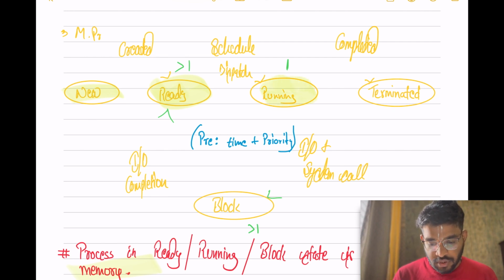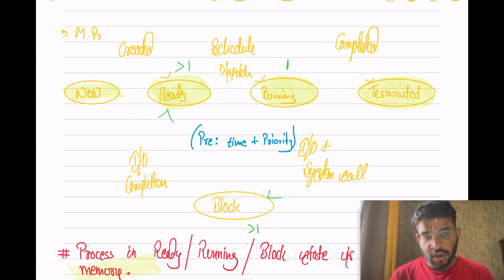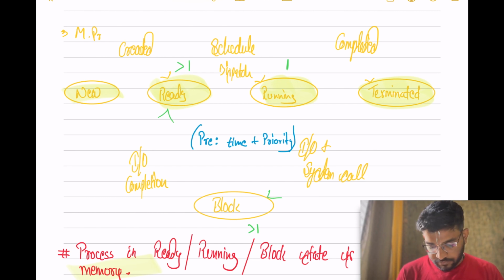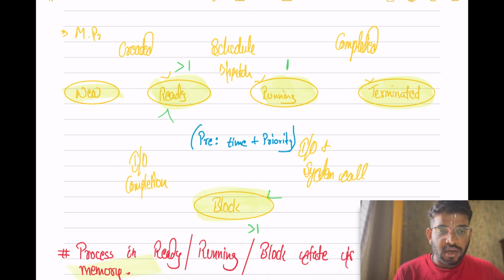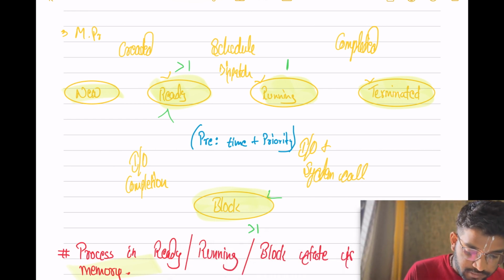A process whose execution is completed is defined by the terminated state. Block state is the same, used when a process needs an IO operation or makes a system call. So let's go over the states. When a process is created, it moves from new state to ready state.